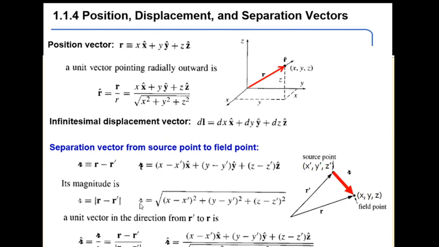If you take the displacement vector r divided by its magnitude, that would be the unit vector. So if I provide you two coordinates, x, y, z and x prime, y prime, z prime, then one can produce this vector r dash.